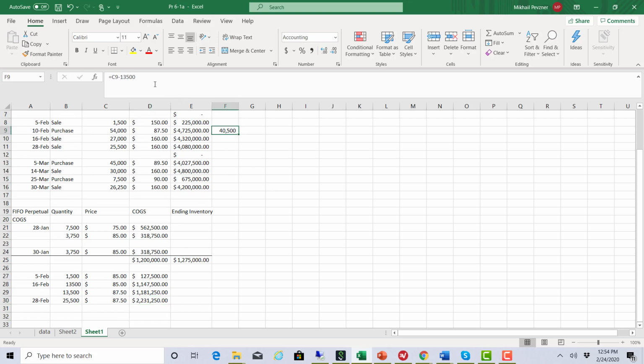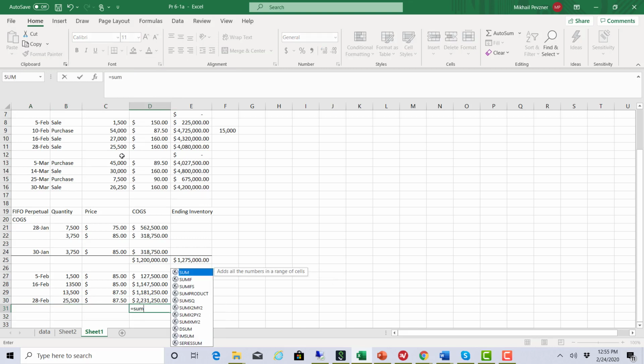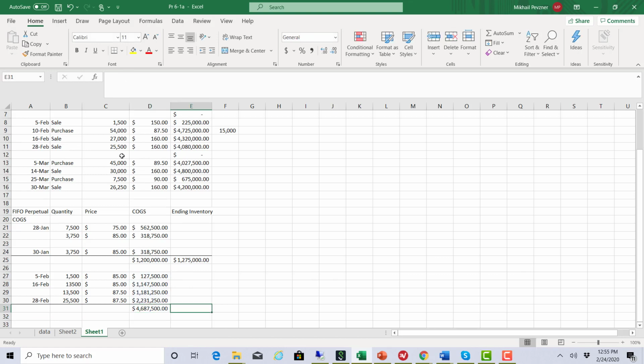Let's not forget to keep track: I have 15,000 units left after this sale. This is the end of the month, so I can calculate my cost of sales for the month, which is just the sum of these numbers here. And we have 15,000 times 87.50 as the ending inventory.